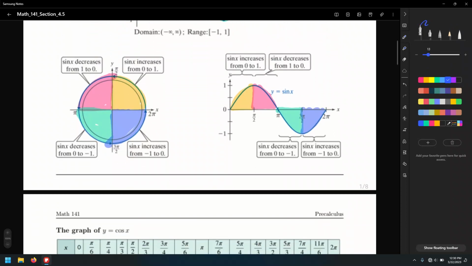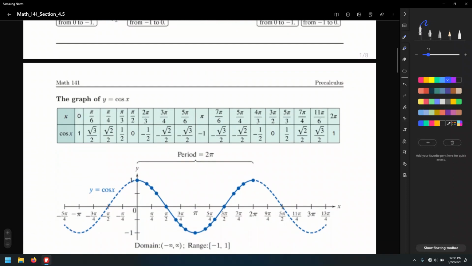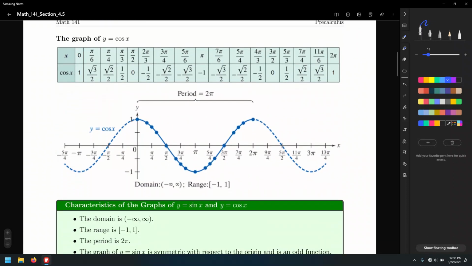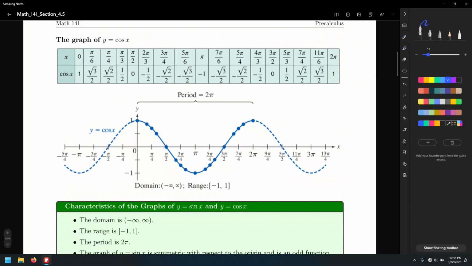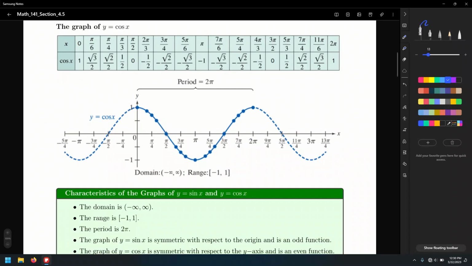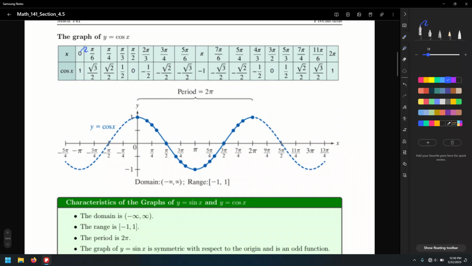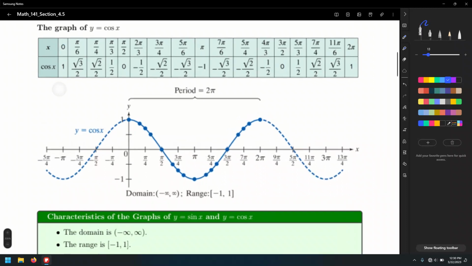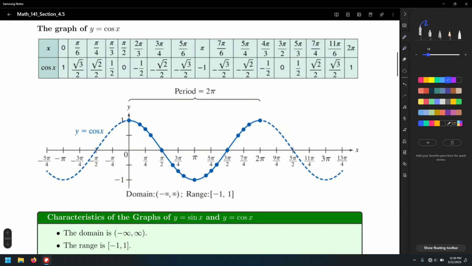And well, so let's look at the graph of the cosine function. Well, in this case, we evaluate the cosine function for all the different angles, and so cosine of 0 equals 1. Notice how the graph of cosine starts at 1.